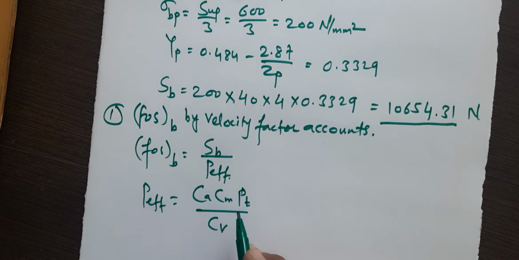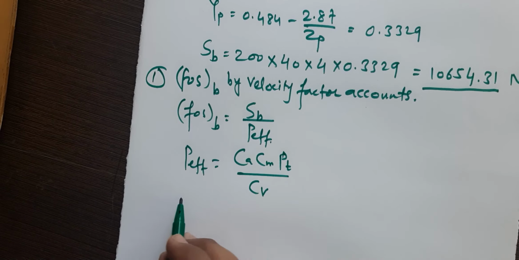Now CA is given as 1.5. CM is not given, so we'll assume CM, the load distribution factor, as 1. PT we need to calculate. PT is nothing but power by velocity, and CV is the velocity factor, which again needs velocity.